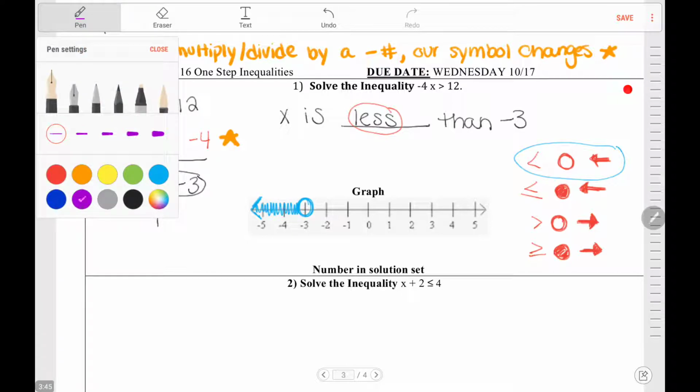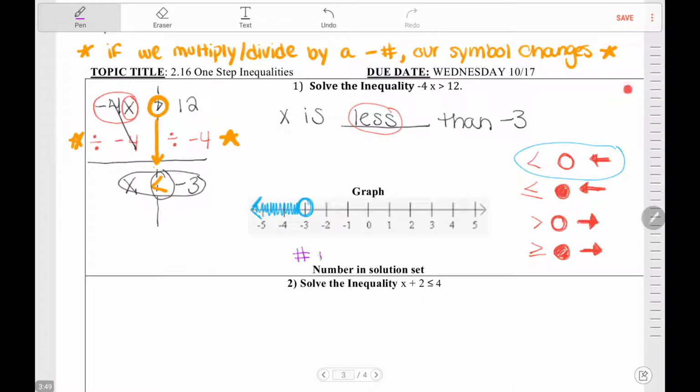Whenever I'm picking a number in the solution set, it just means a number in the shaded part. Okay, so I look at the shaded part. I see a negative 4 in the shaded part, so my number in the solution set for this example could be negative 4.